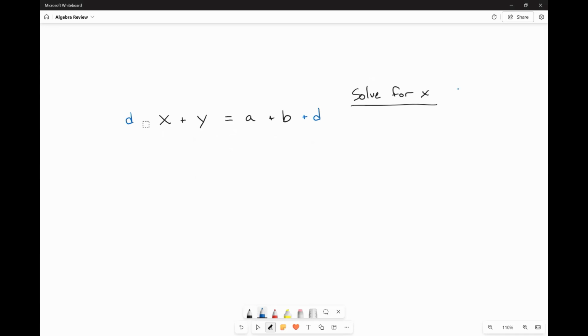And likewise, I can always subtract d. I can subtract the same thing from both sides. Whenever you have an equation, you can always add something to both sides or subtract something from both sides. It's always fair game.